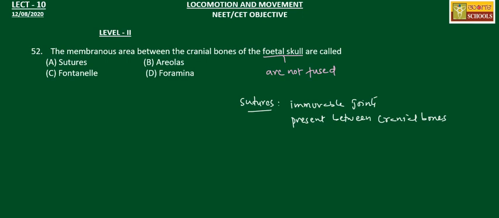The next one, areolas. Here the meaning of areola is a pigmented area present around the nipple of the mammary gland.